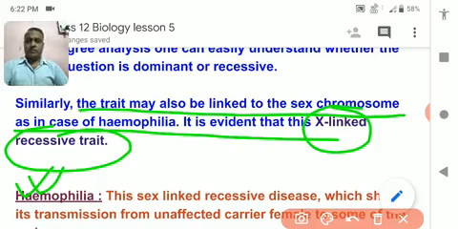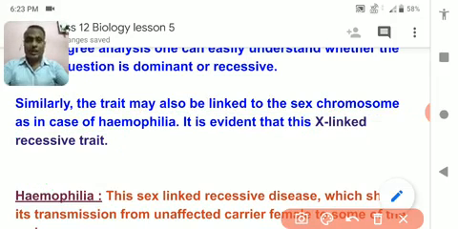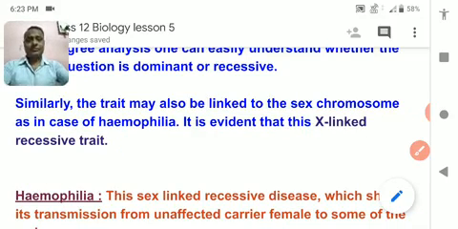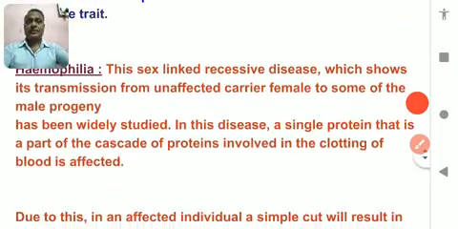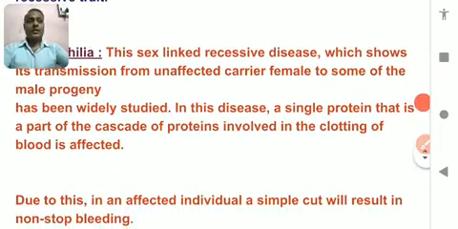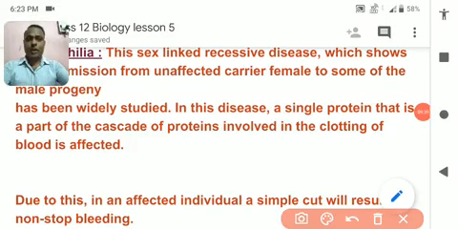So what is hemophilia? Hemophilia is a disease caused by a certain mutation that occurs in the DNA. Due to this, the person affected by this problem does not have a certain enzyme which helps in blood coagulation.